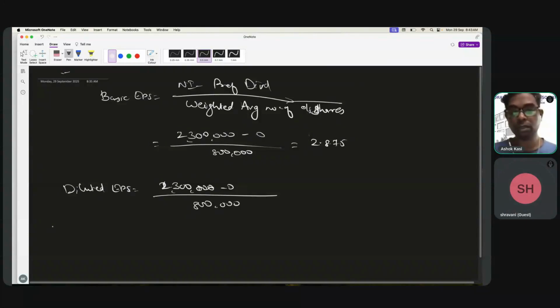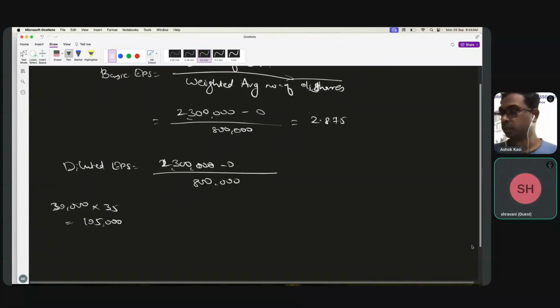So when we issued 30,000 options, we must have got 30,000 times 35. How much is this coming to? 105,000. So we received this much cash when we issued options.